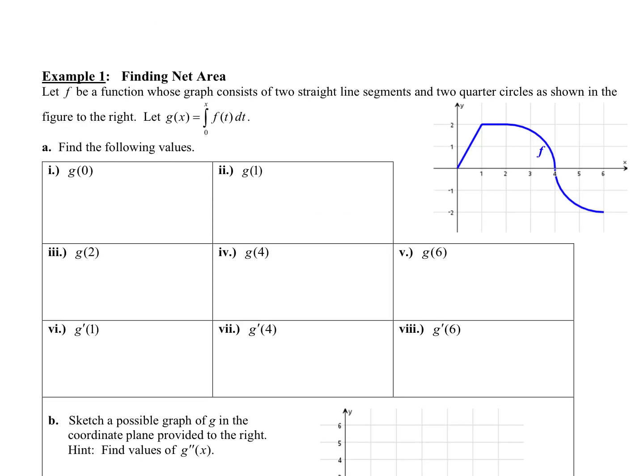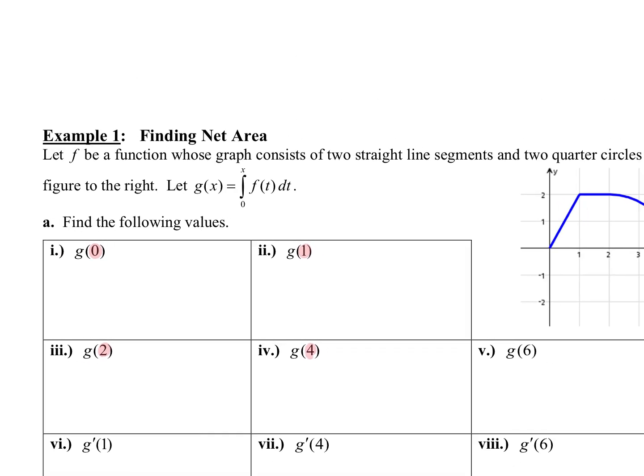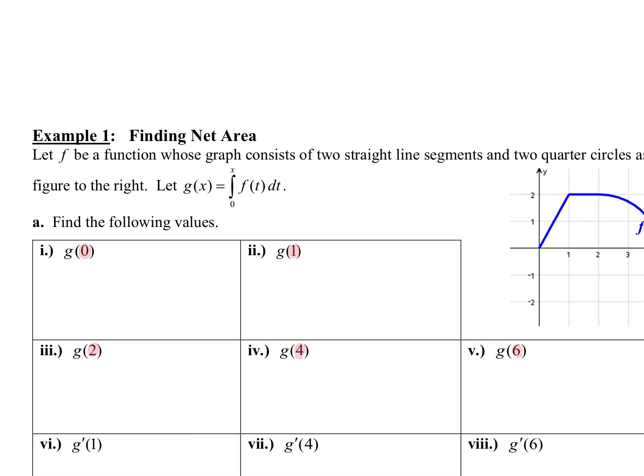Okay, so we are looking at net area underneath this curve that we're given. This curve is our f of x function. We're given this formula. G of x is equal to the integral from 0 to x of f of t dt. So what we're going to do is plug in these x values into this function. So I'm plugging in 0, 1, 2, 4, and 6 into where x is right there.